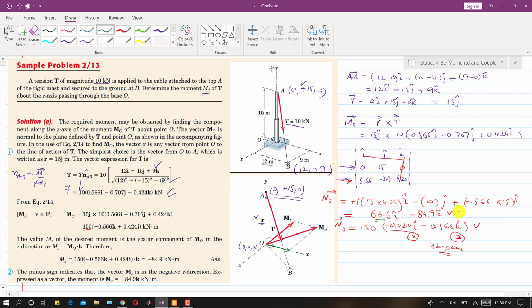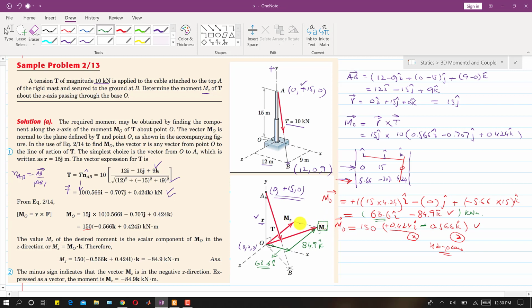So this component is 63.6 i kilonewton meter. Similarly, if I draw another component, this will be along z in the negative direction, as we have seen here that this is negative. So this is that component, and its magnitude will be 84.9 k, and this is the direction. So this is the moment about O.